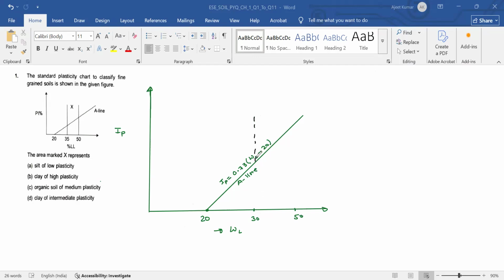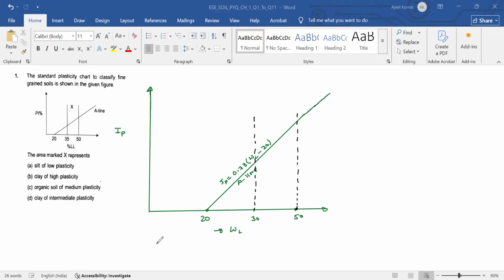This is the line. I'm taking black color, and this is 50. This line corresponds to liquid limit 50. Extend this line further.